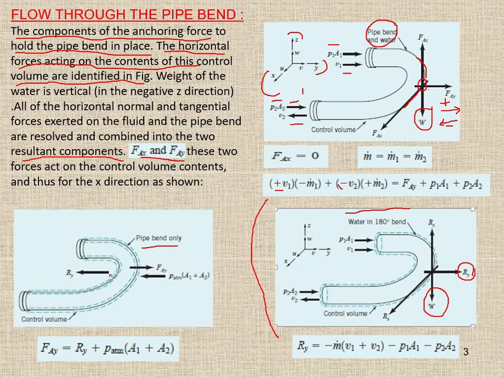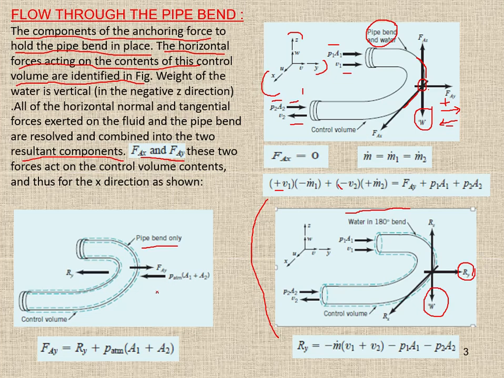This is the reactive force that we need to hold this pipe, and this is the atmospheric pressure, which is always there to give resistance to the flow, or to the pipe.